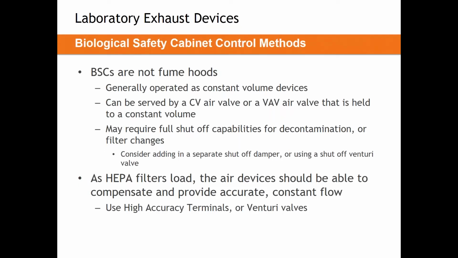The filters will load over time. So while we're trying to provide a constant flow, some mechanism needs to be provided to overcome that changing static pressure drop in the system. It's more important for a Class B1 or B2 cabinet where your exhaust fan has to do this. Really, it should be the high accuracy terminal or the Venturi valve we use to overcome those changes in pressure.